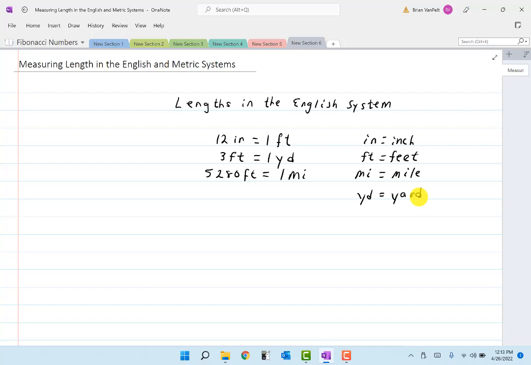And to give you an idea of the actual length, 1 foot is roughly the length of a regular piece of paper. I know those are 11.5 inches. They're a little bit shorter than a foot, but that's about the right size. Rulers usually come in 1 foot as well, so that gives you an idea of what size physically you're dealing with. Let's do some conversions in the English system first.